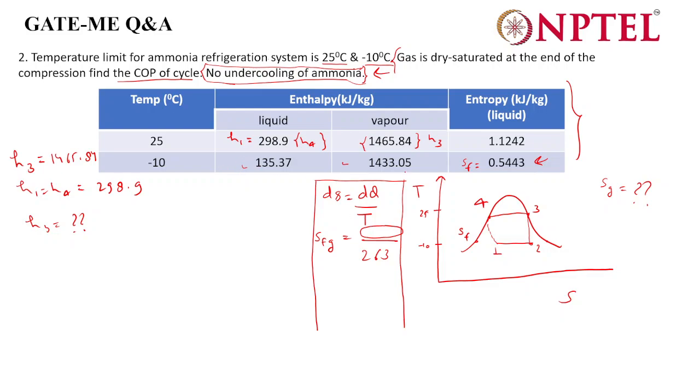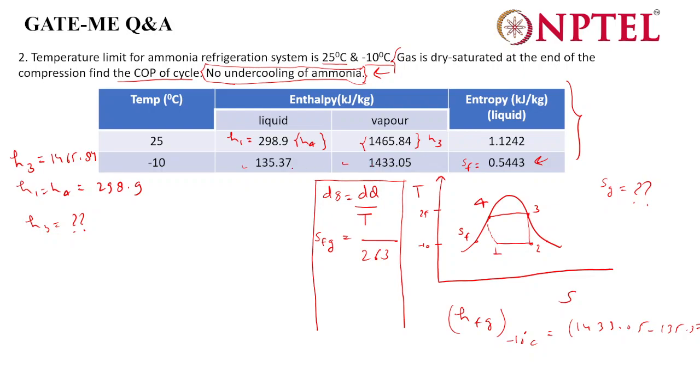Minus 10 degrees. What is the h_fg for minus 10? Has anyone calculated? What would be the value of this? 1433.05 minus 135.37, right?